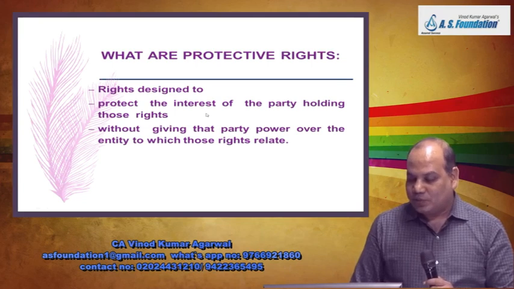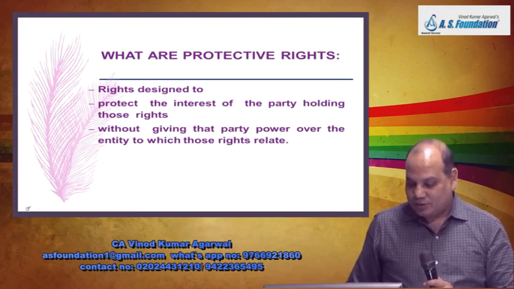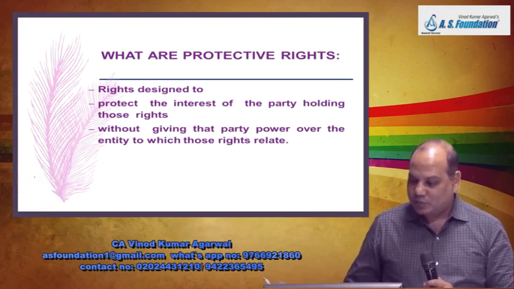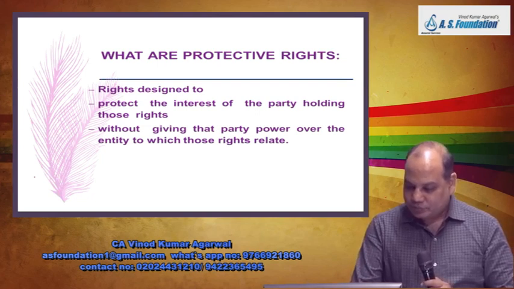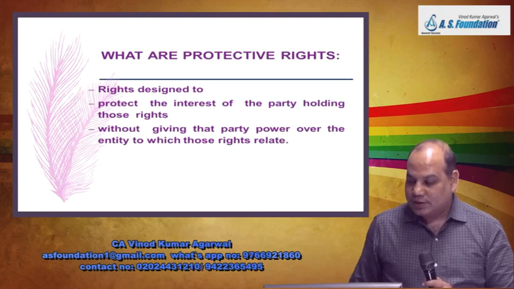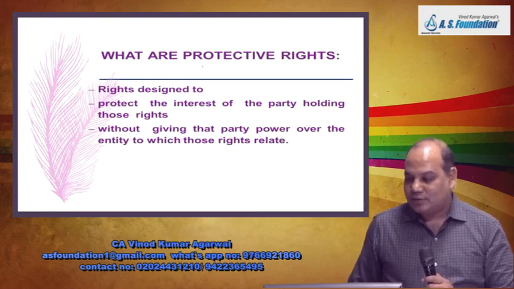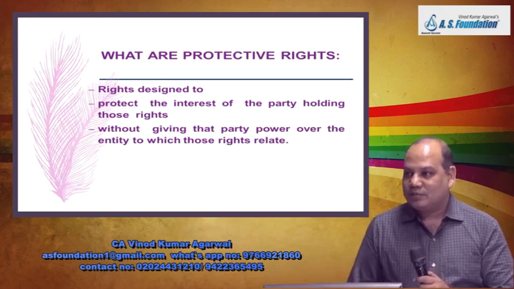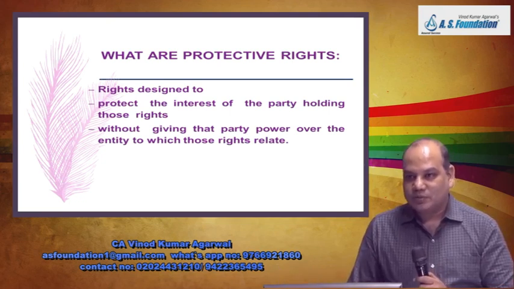Like for example, you are a banker. Banks normally have protective rights. What banks do in their loan agreement, they will say, unless you return our loan, you cannot pay dividend. That is possible.